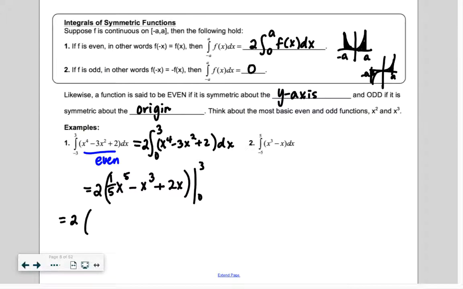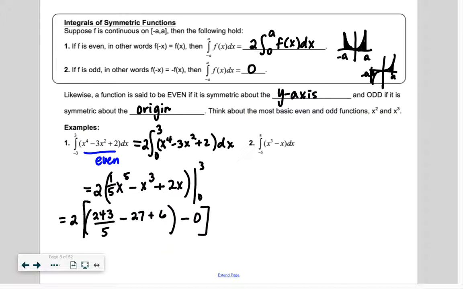As we start simplifying, I got 3 to the fifth. Do you guys know 3 to the fifth? That's 3 to the fourth. So 243 over 5 minus 3 cubed, 27, plus 6. And then the whole second part becomes 0.